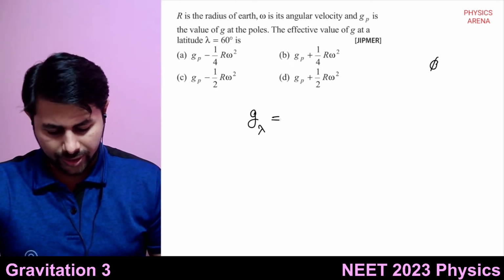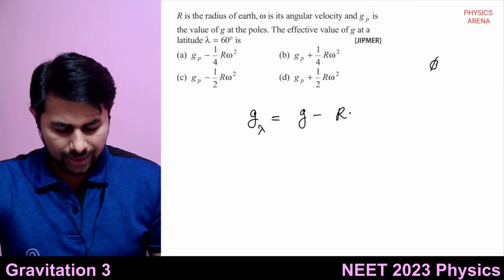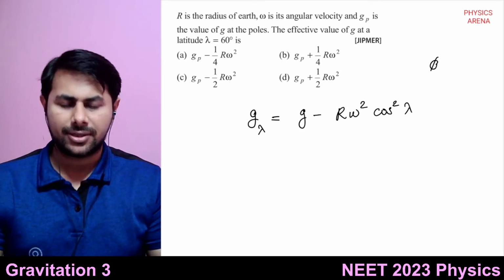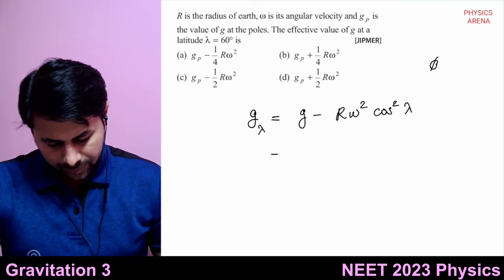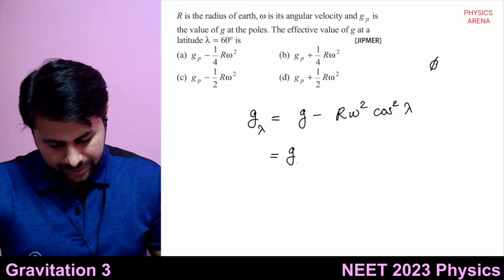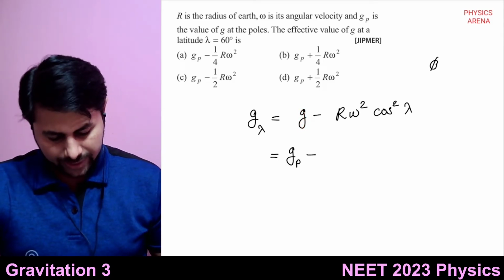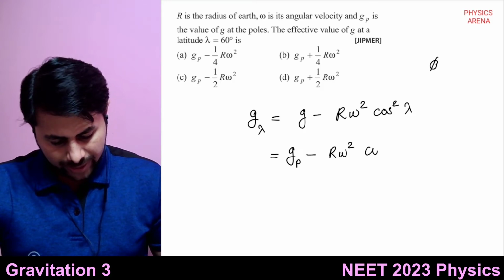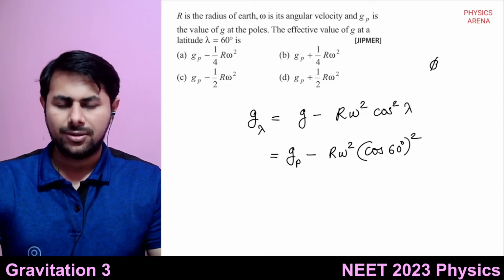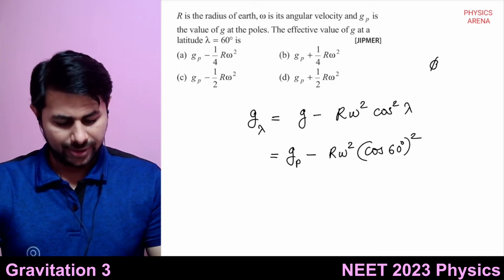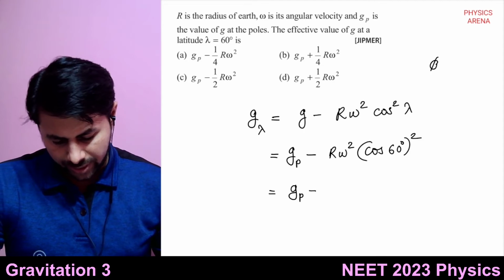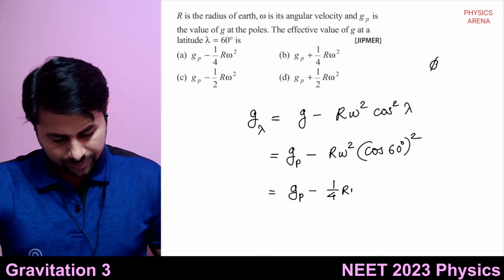So it is equal to G at poles minus R omega square cos square lambda, that is, Gp minus R omega square multiplied by cos 60 degrees square. And how much is cos 60? 1 by 2, right? So it is 1 by 2 square, 1 by 4. So it is Gp minus 1 by 4 R omega square.